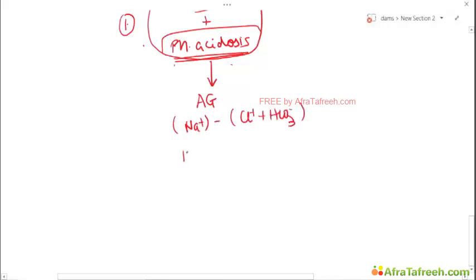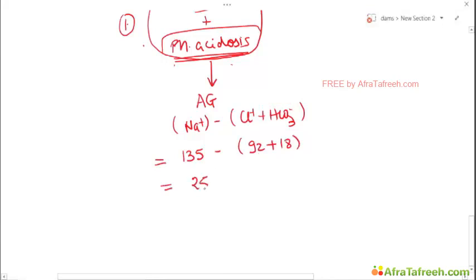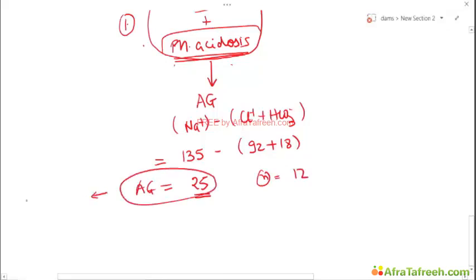Here it is 135 minus 92 plus 18. It is 25, right? Normal value being 12. So the anion gap is 25. Hence this is high anion gap metabolic acidosis.